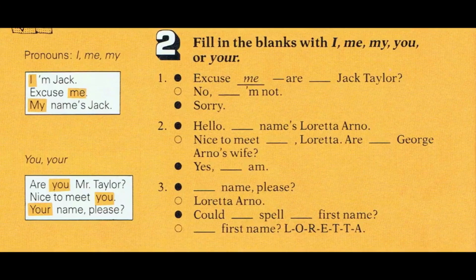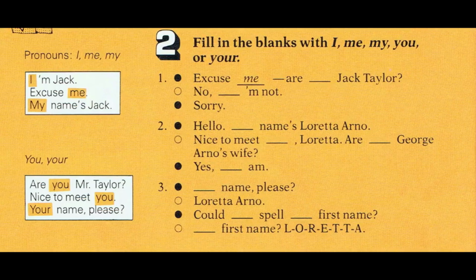Exercise 2 says fill in the blanks with I, me, my, you, or your. Well, of course, I is a subject pronoun. In fact, subject is the doer of the action. Me is objective pronoun, and my, in fact, is about possession. It is possessive adjective.